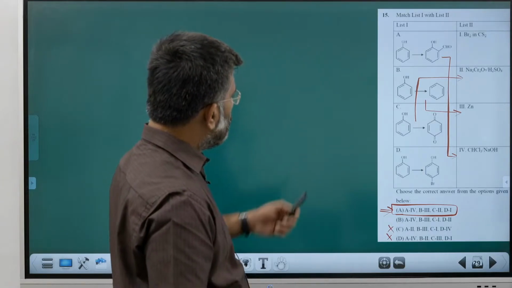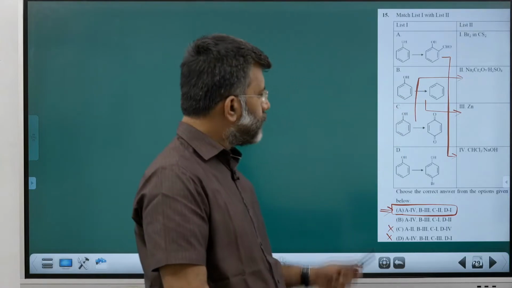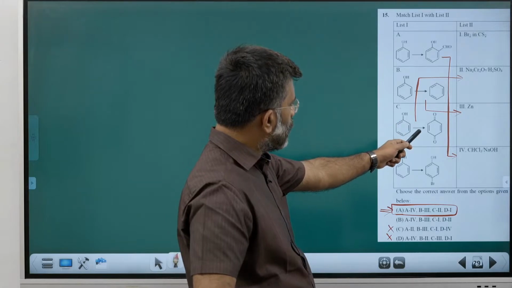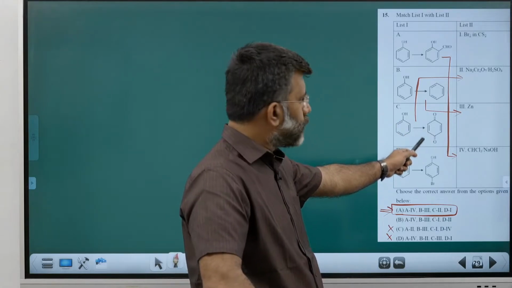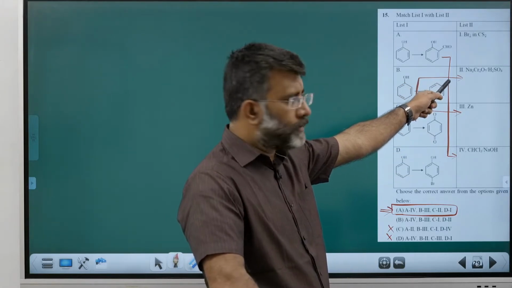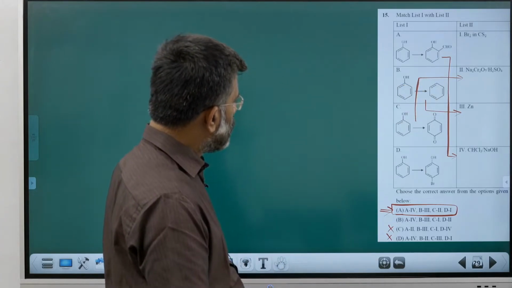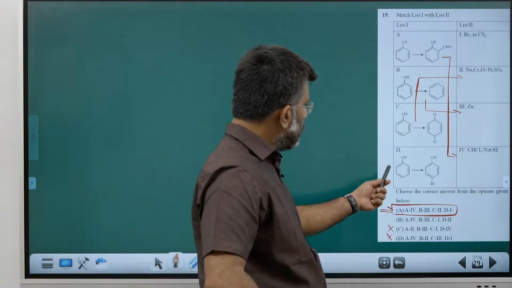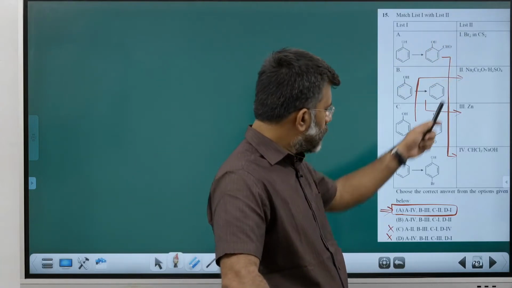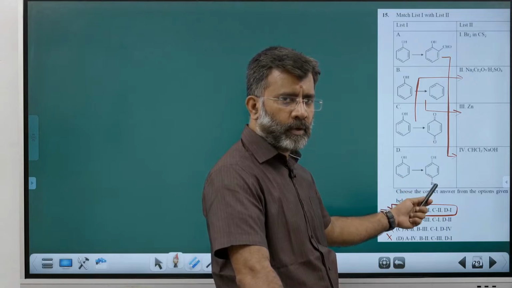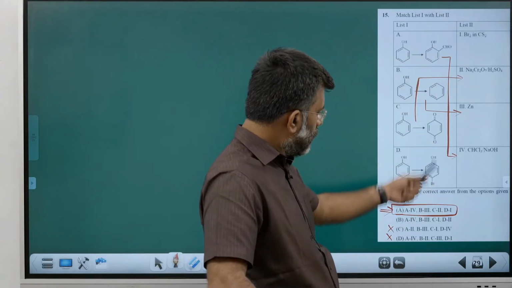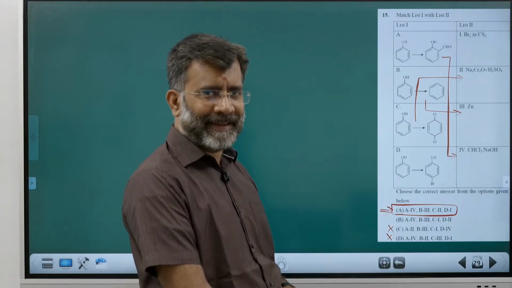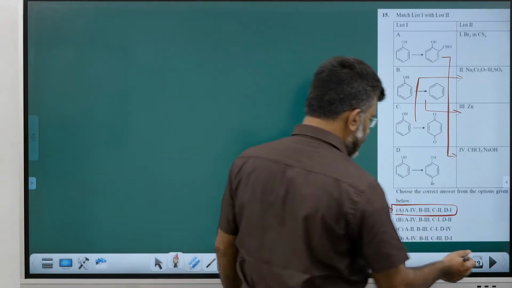Second one, phenol reduced to benzene with powdered zinc. Third one, phenol converted to benzoquinone, oxidation reaction with sodium dichromate and sulfuric acid. And the last one is an electrophilic substitution reaction: phenol with bromine in carbon disulfide, we get para-bromophenol. Okay, that's it. Option A.